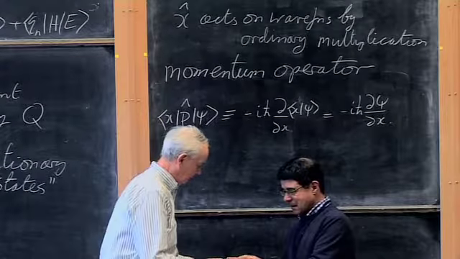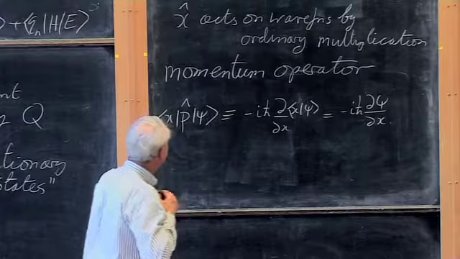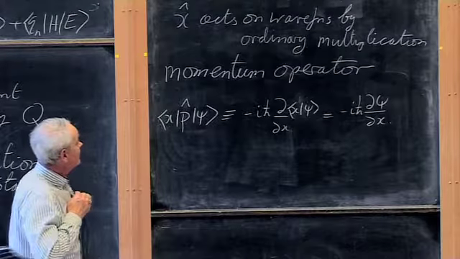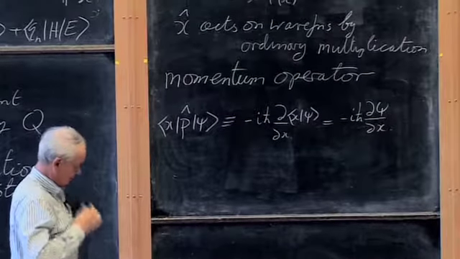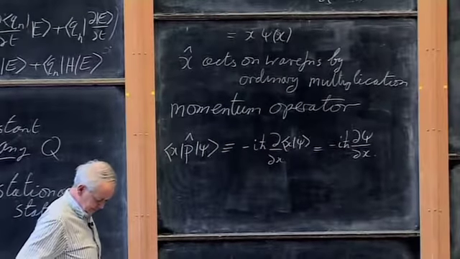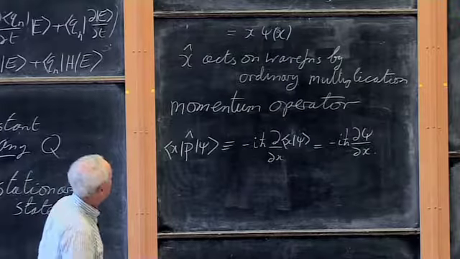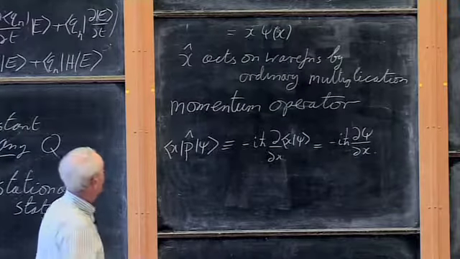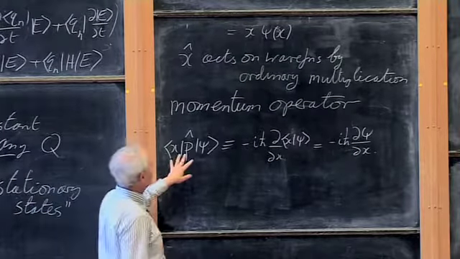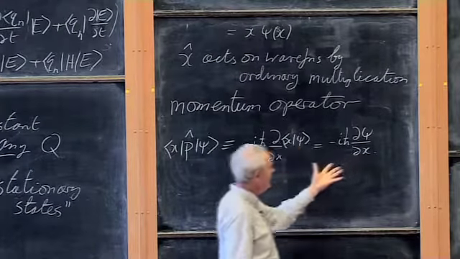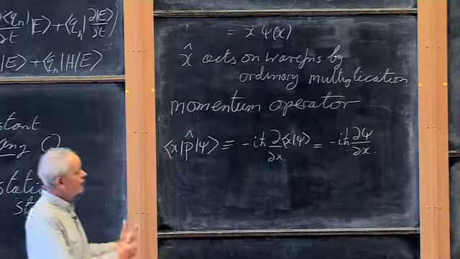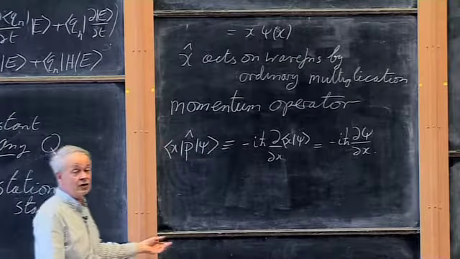This momentum operator is turning the wave function psi into its derivative. A derivative is a function different from the function we first thought of. So indeed, it's turning a function into a function.